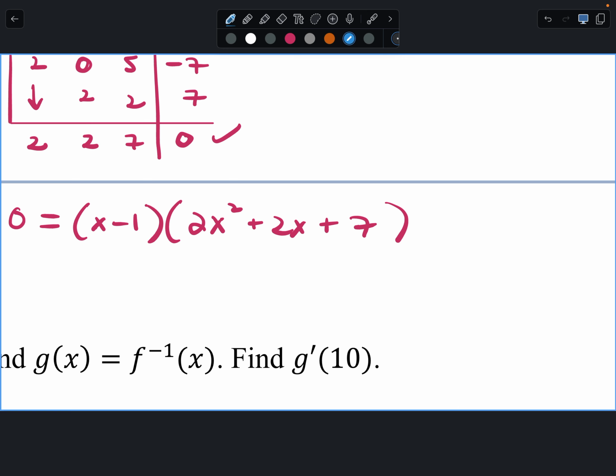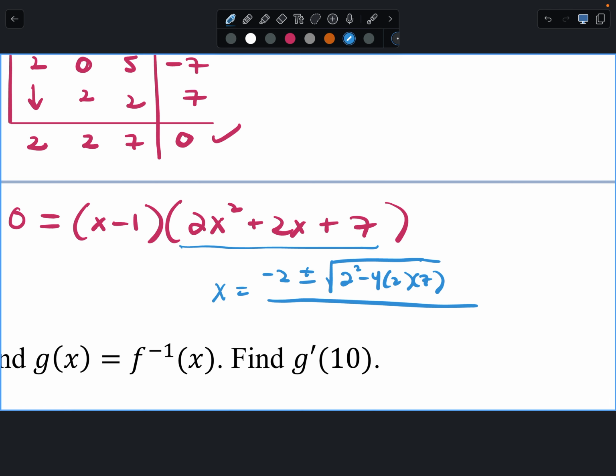If you thought about trying to use quadratic formula, the discriminant, b squared minus 4ac, ends up being negative here. Like if you were to use x equals negative b plus or minus the square root of b squared minus 4ac, all over 2a, the discriminant ends up being less than 0.